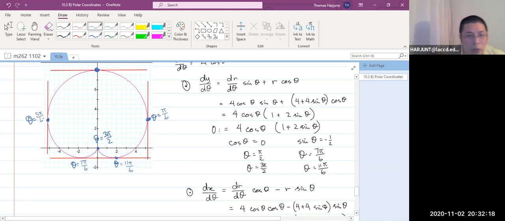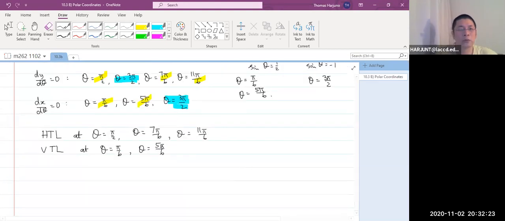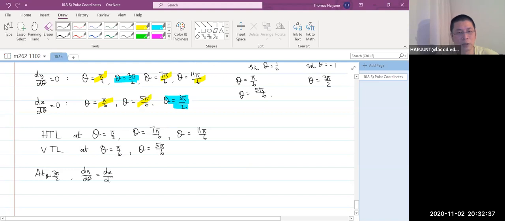And what happens at theta equals 3 pi over 2? Then we need to do a separate analysis. At 3 pi over 2, dy d theta equals dx d theta equals 0. So that's undetermined, right?